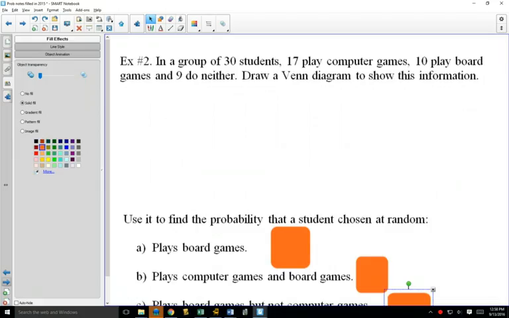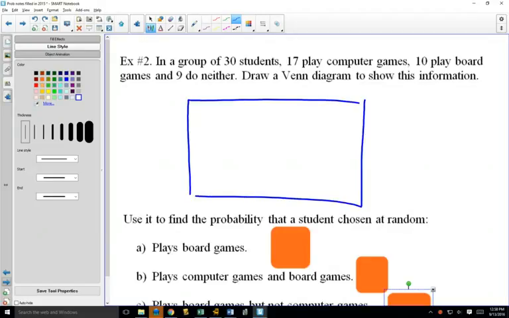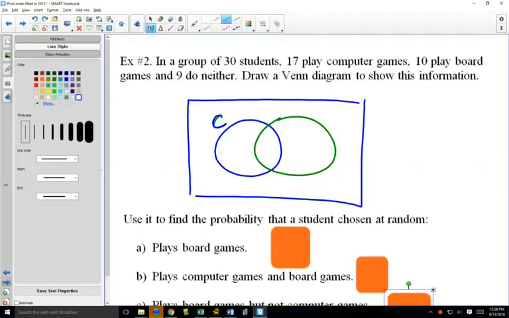Which leads us to another example. We have a group of 30 students, 17 play computer games, 10 play board games, and 9 do neither. Computer games, board games.